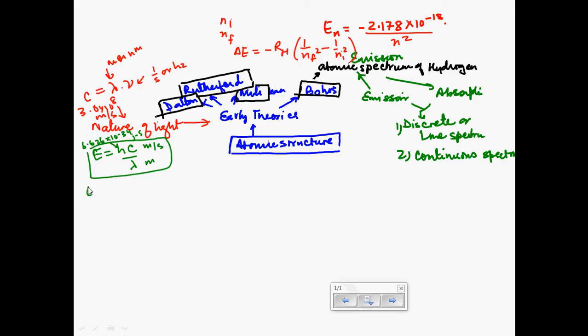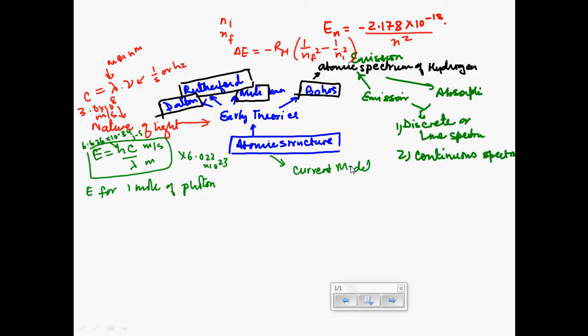So if you had to calculate energy for 1 mole of photons, how would you do it? You'll calculate energy for 1 photon just like that and multiply that by 6.022 times 10 power 23, because how many photons are present in 1 mole? That is Avogadro's number.